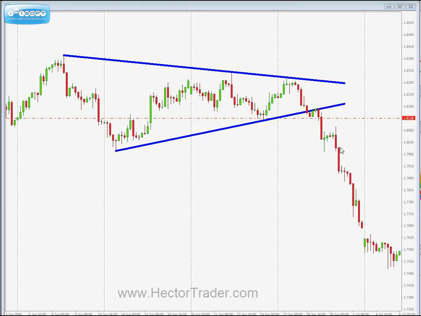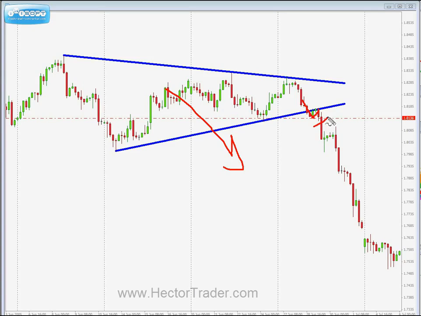After the breakout, you get 1, 2, 3 green bars in this case, since we are leaning towards the short side of this trade.